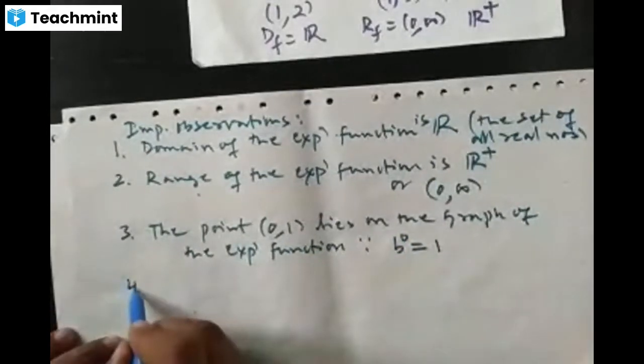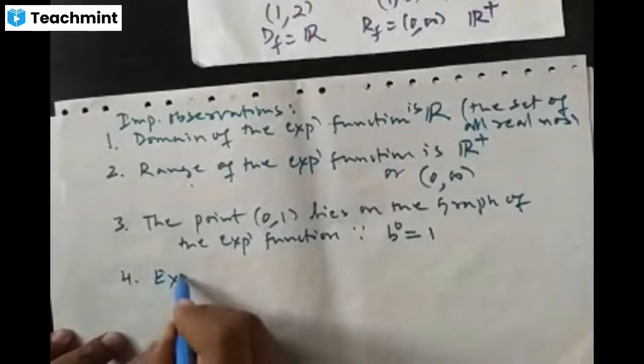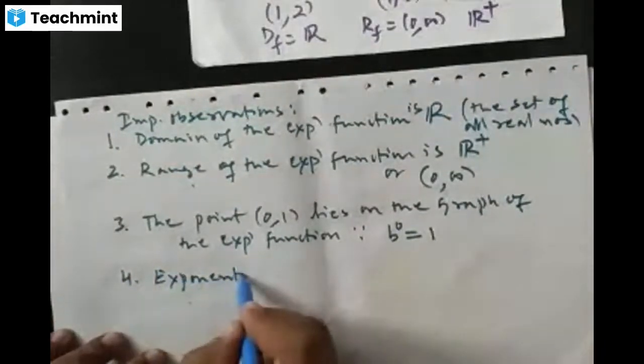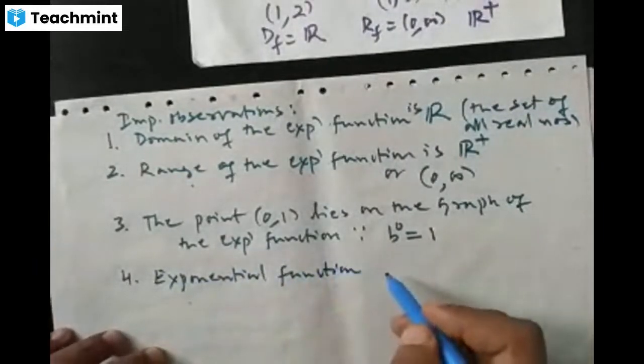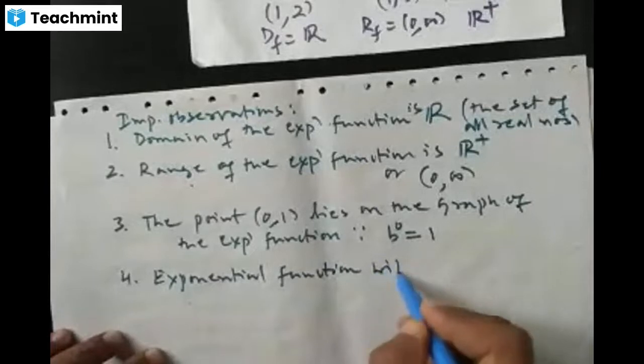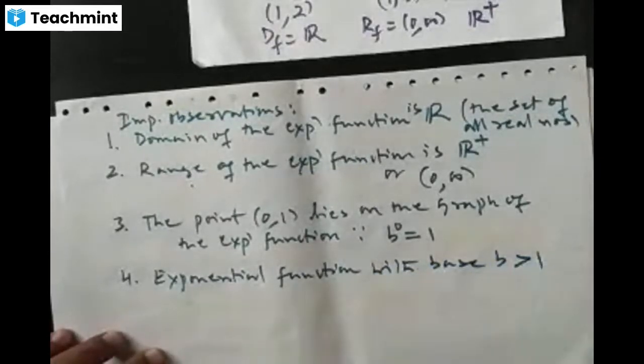Next, observation number 4. The exponential function with base more than 1. This is more important.